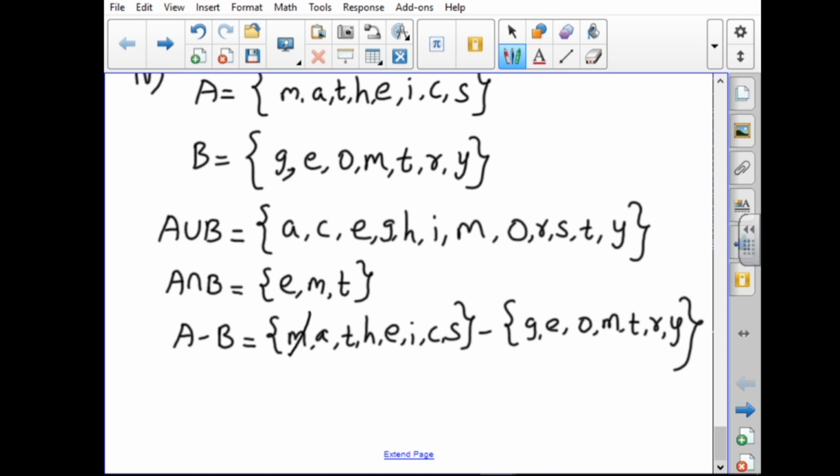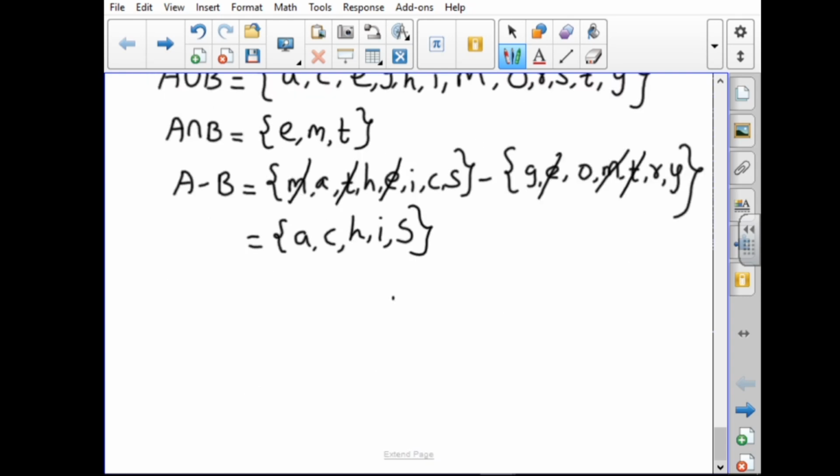M, then E. I think that's all. So remaining A, C, I, sorry, H, I, yes, T also it's common, so that also you can strike out. So these are the elements of A difference B.